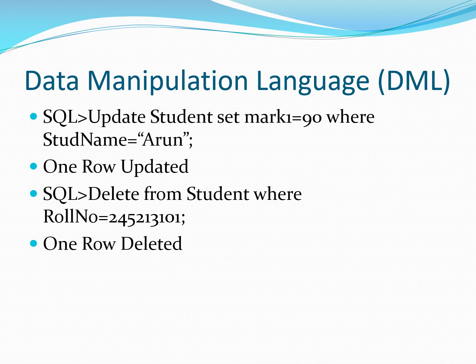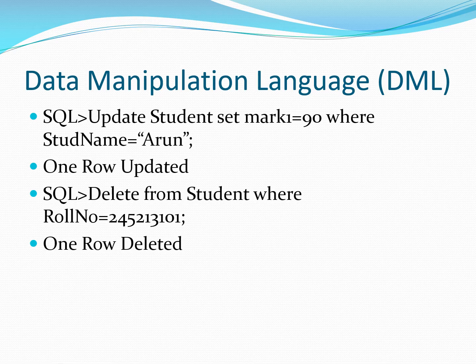In data manipulation language, the next command used is update. So here, if we want to modify any record, if we have done anything wrong, we have to use this update command. So we give it as update student set mark 1 equal to 90 where student name equal to Arun.